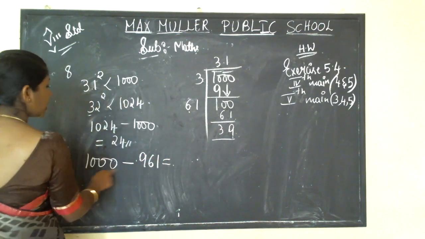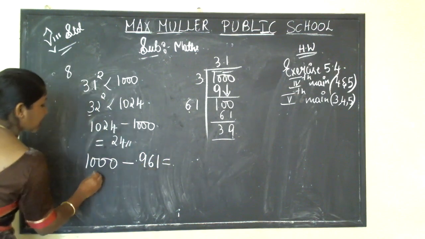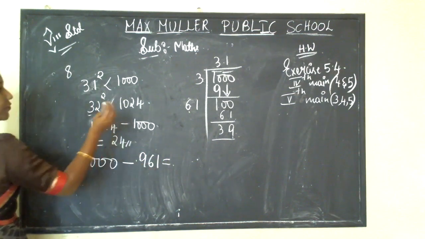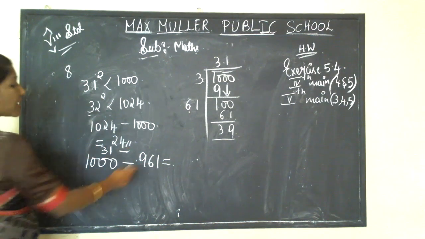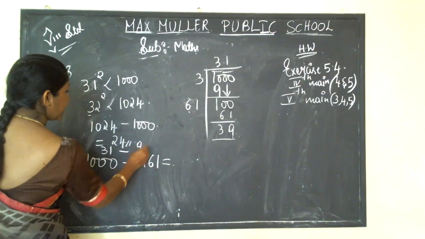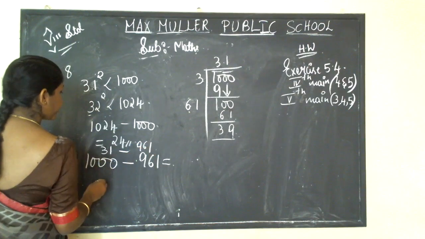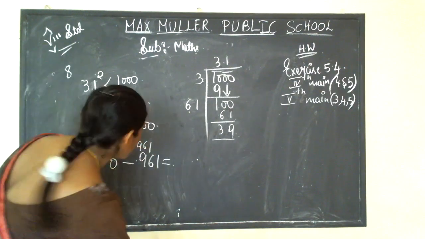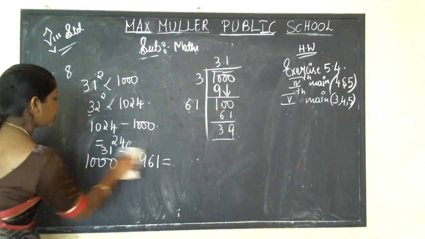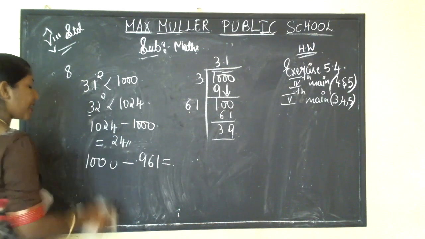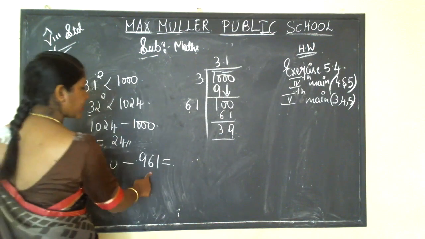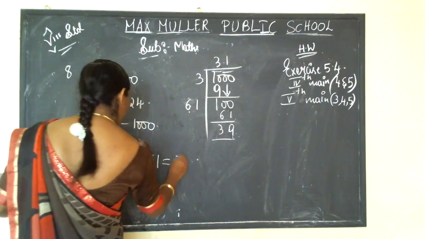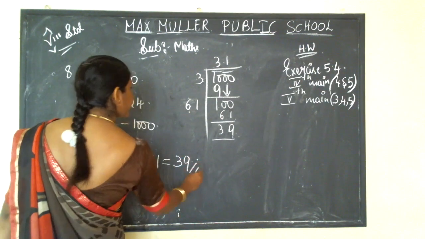If you get confused, you can do like this: 1000 minus 31 square, that is 1000 minus 961. If you do that, you will get 39.